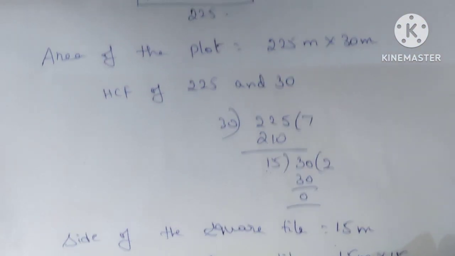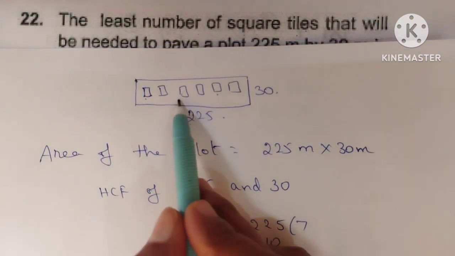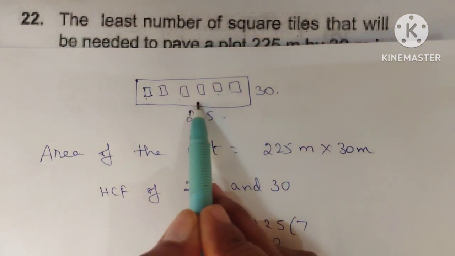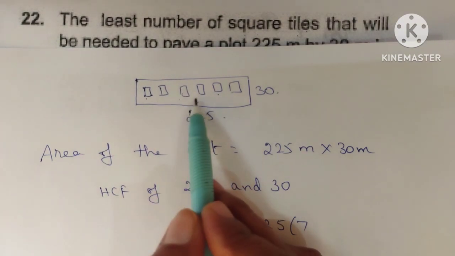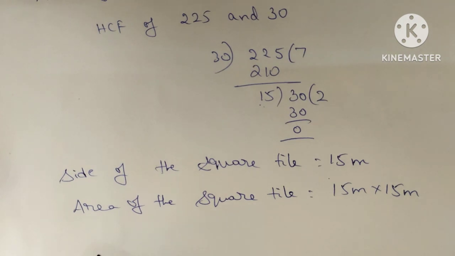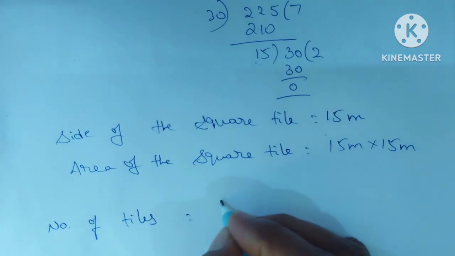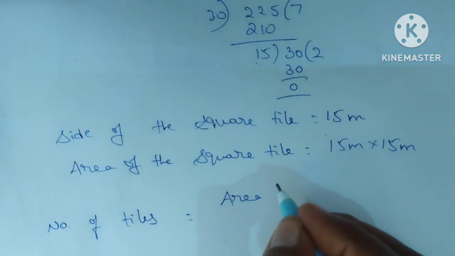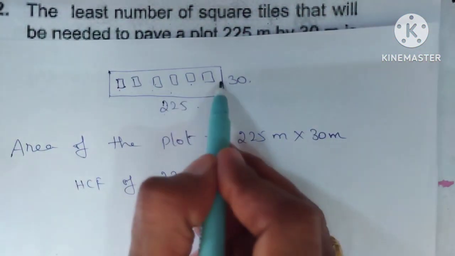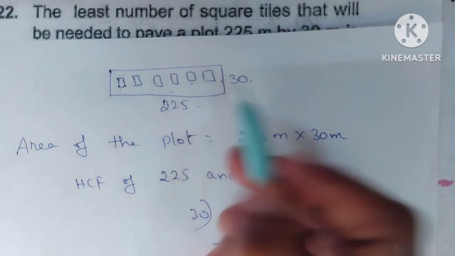Now we have to find the least number of square tiles that will be needed to pave a plot. How many number of tiles will be needed? So number of tiles equal to the area of the plot divided by area of the square tiles.